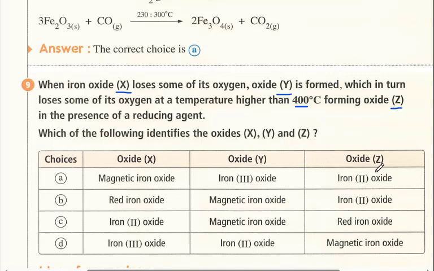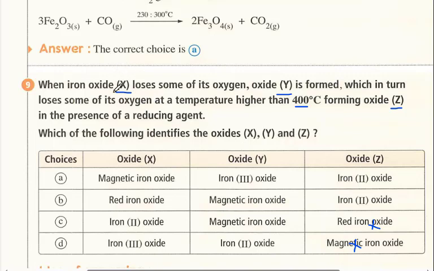So this Z is ferrous oxide. So it is not red iron oxide or ferric oxide, it is not magnetic iron oxide, which is Fe3O4. It is ferrous oxide. So in the presence of a reducing agent, which of the following identifies X, Y, Z?